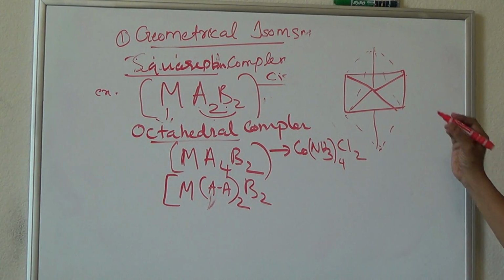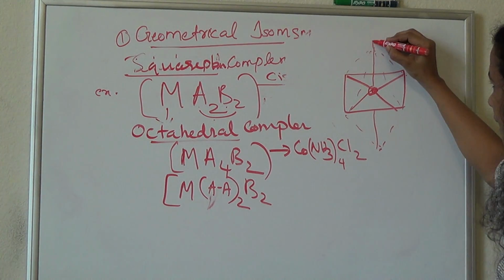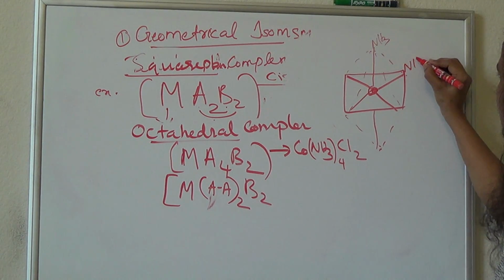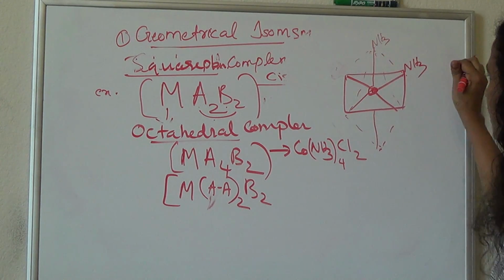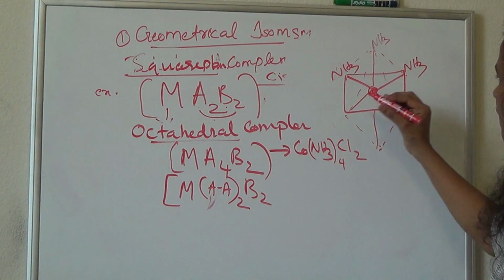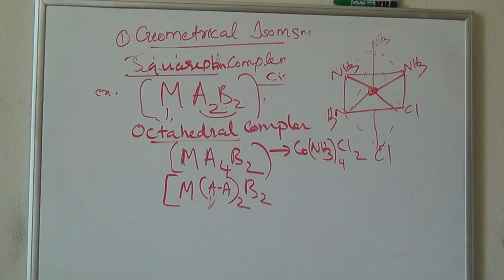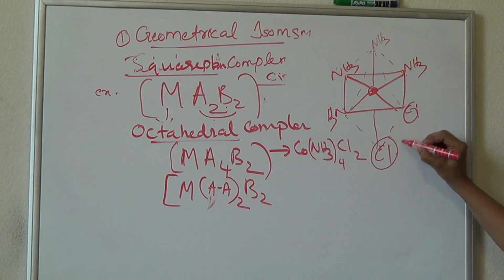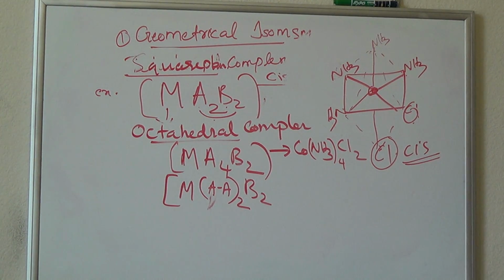So here the central atom is cobalt, NH3, NH3. All the remaining NH3 four times, 1, 2, 3, 4. Cl, Cl. Here, both chlorines are on the same side. So this is an example for cis isomer.